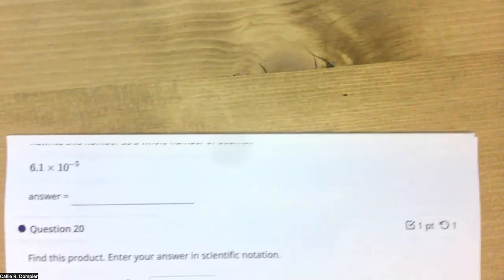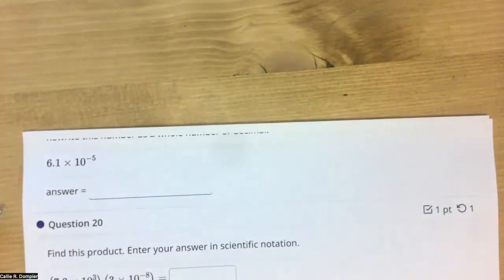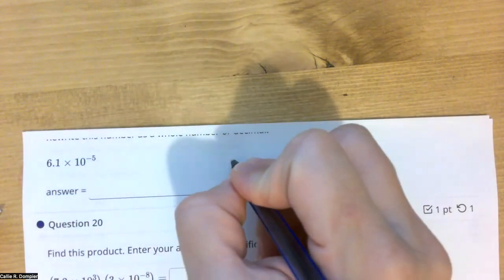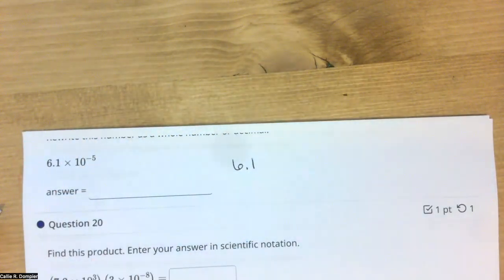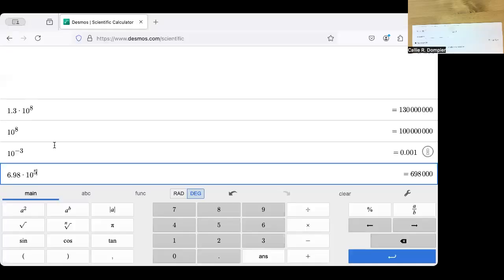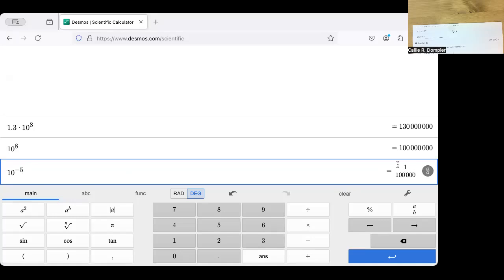Question 19 says, I can't tell what it says, but I'm assuming it's just asking us to write this in standard form. 6.1 times 10 to the -5th. Again, head over to your calculator. 10 to the power of -5. It's a really small number.